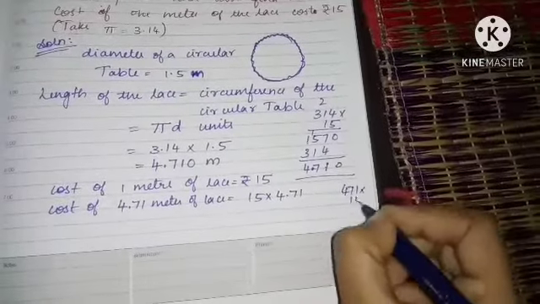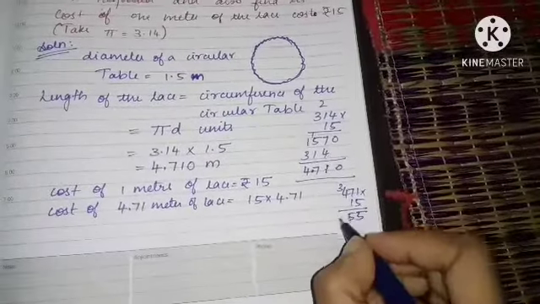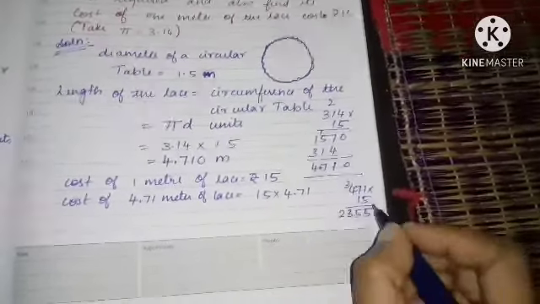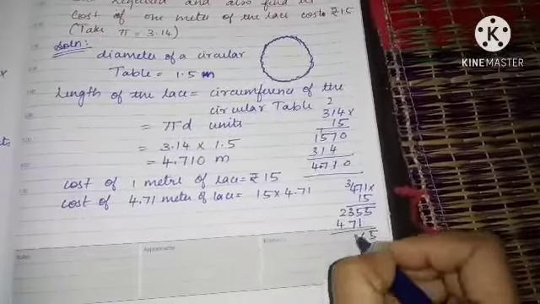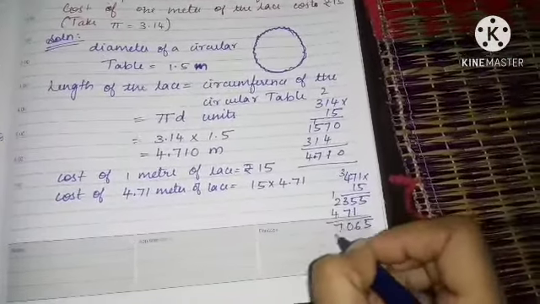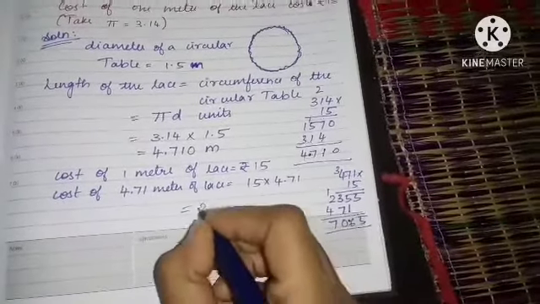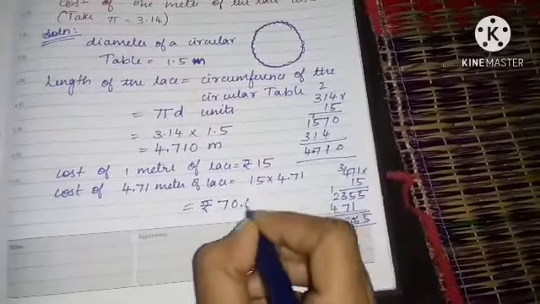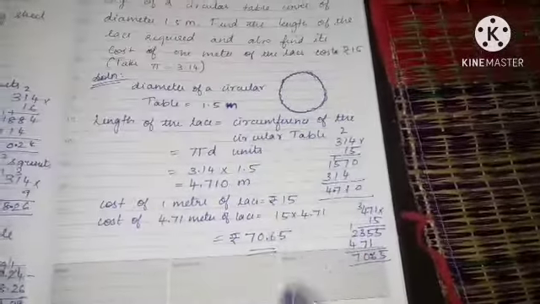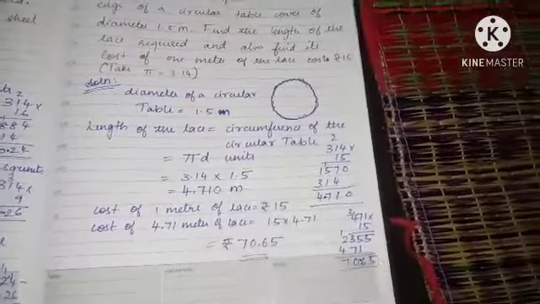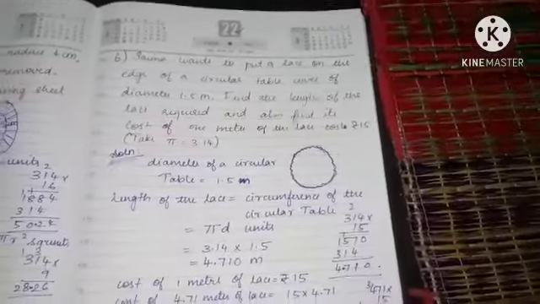I am multiplying by 15. After 2 digits you keep the decimal point. So rupees 70.65 is needed for buying 4.710 meter of lace for putting the border for this table.